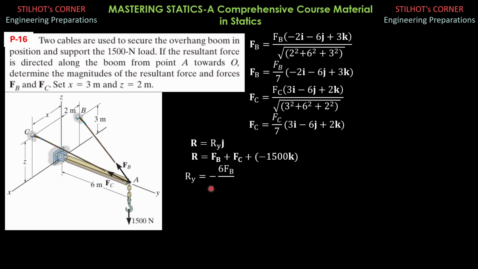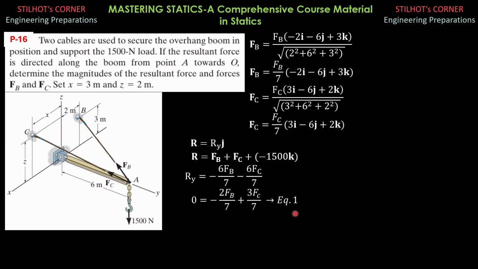So Ry is negative 6 over 7 FB, then negative 6 over 7 FC. That's Ry. That's the way to solve for Ry later. But Rx is 0. Let's have Rx is 0 first. So Rx is 0 and it is equal to negative 2 over 7 FB plus 3 over 7 FC, equation 1.